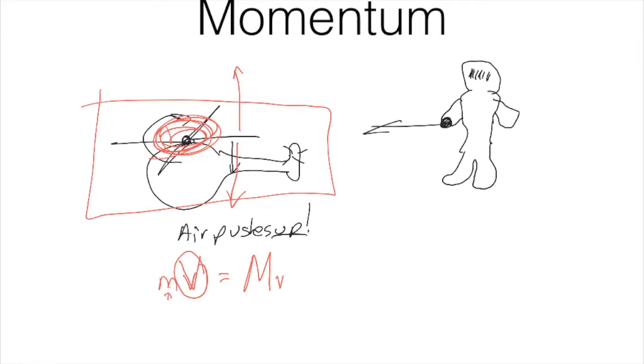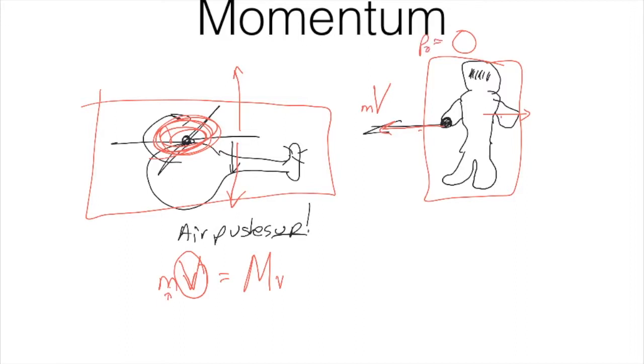Well, initially, we have zero momentum, right? So if the ball gains momentum going to the left, that's a small mass with a high velocity, then to balance that out, the man is going to have to travel over to the right, because those two momentums need to add up to my initial momentum of 0.